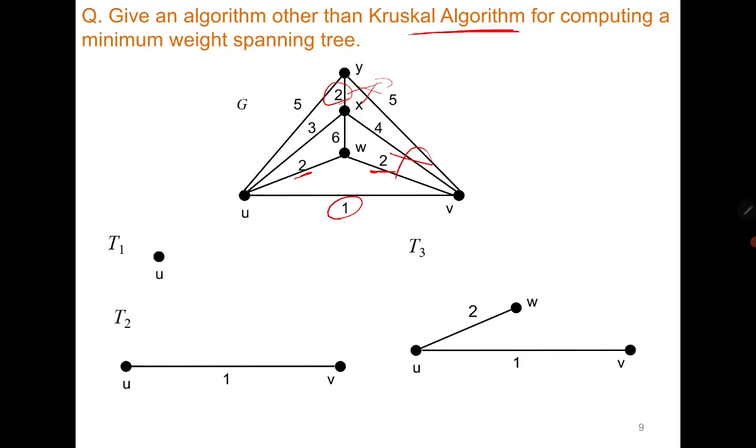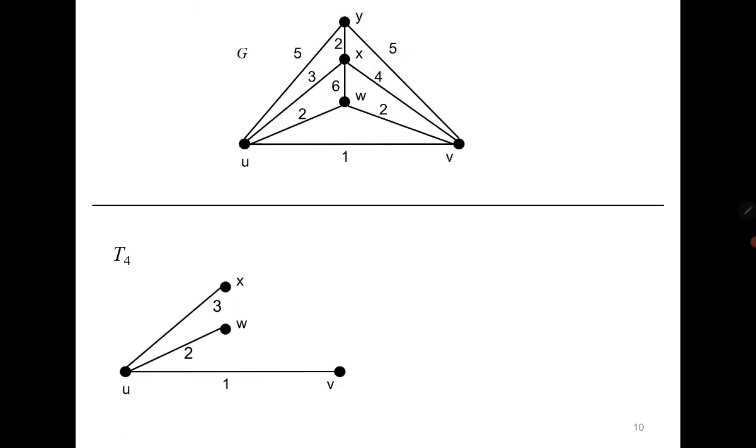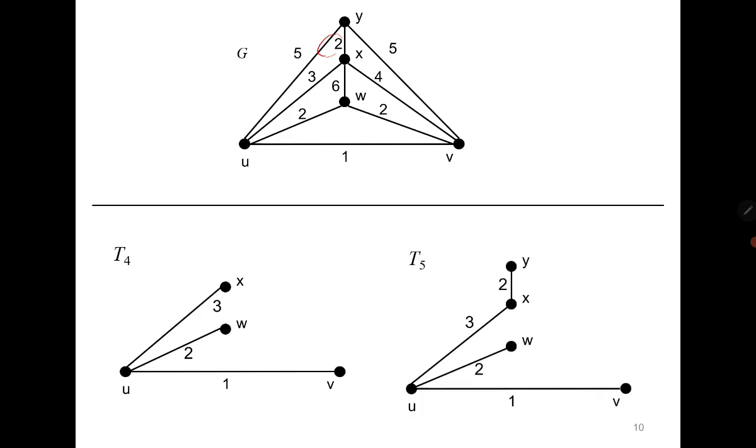This again is not allowed because it forms a forest. So next choice is we pick this edge with weight 3. Now I can pick the edge with weight 2, and you can see that all subgraphs are trees, and in the end I will have a minimum weight spanning tree.